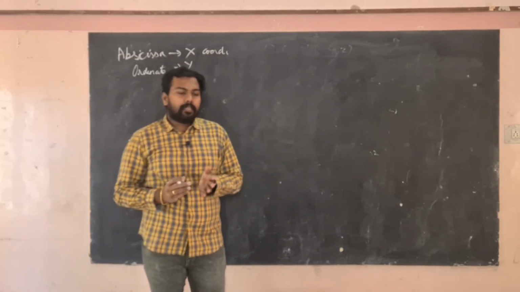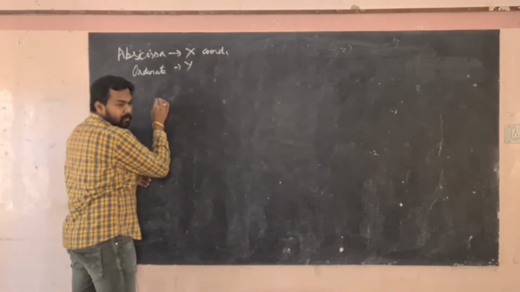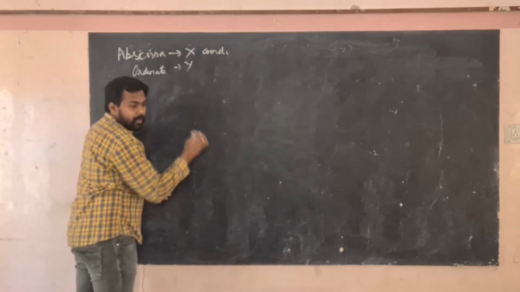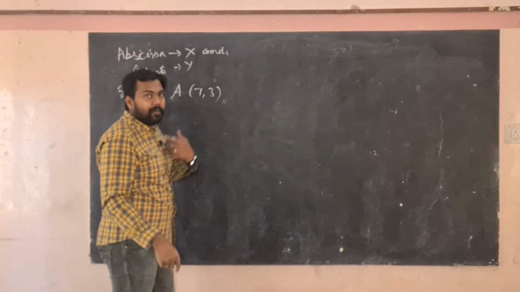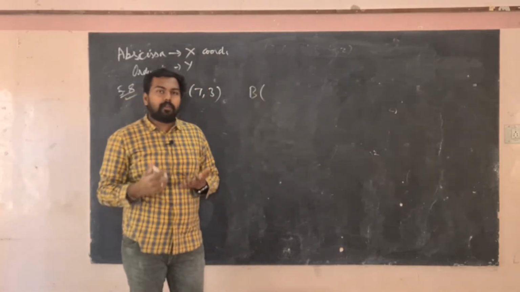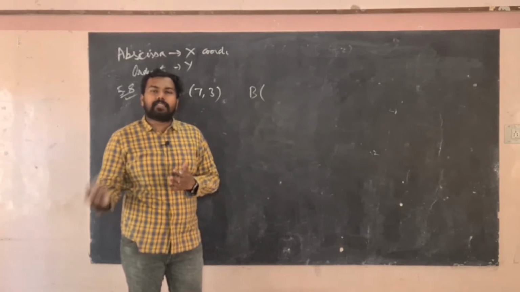See the question here, calculate the distance between the points. So example number 5.8. So what they have given, calculate the distance between the points A, which is 7,3, and B. See how they have given the coordinates of B, not directly in the question. B lies on the x axis, they are saying.